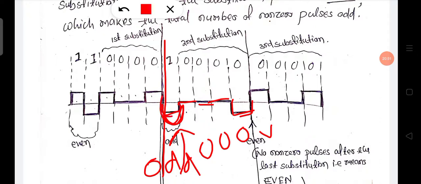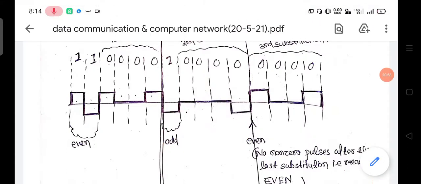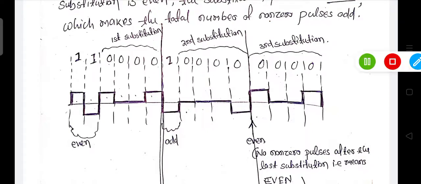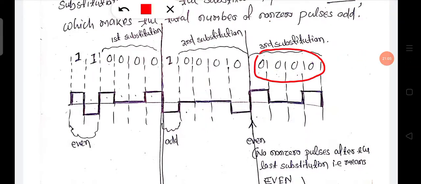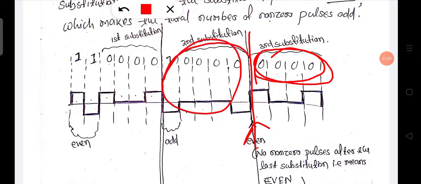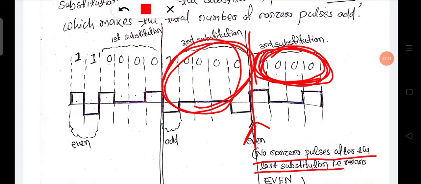This is negative, so the V is negative. After that, another four consecutive zeros are there, but these consecutive zeros don't have any non-zero pulses after the last substitution.